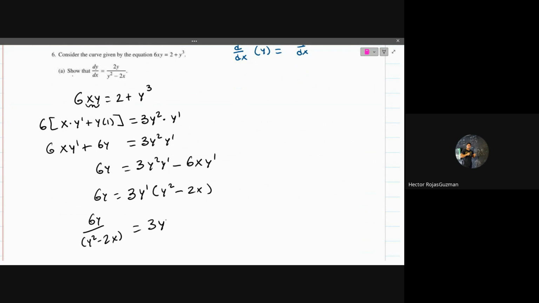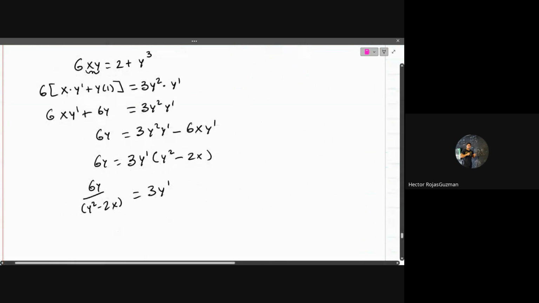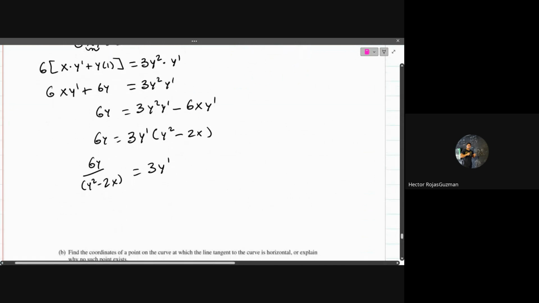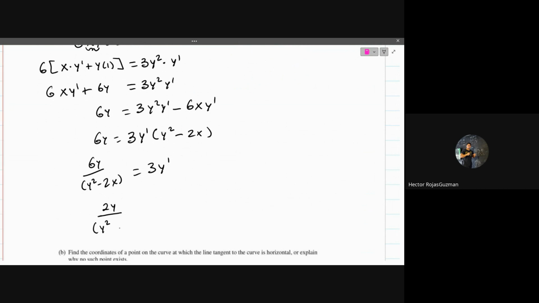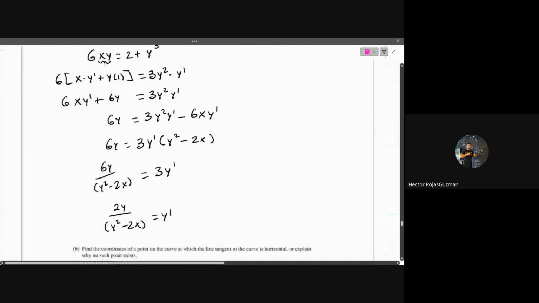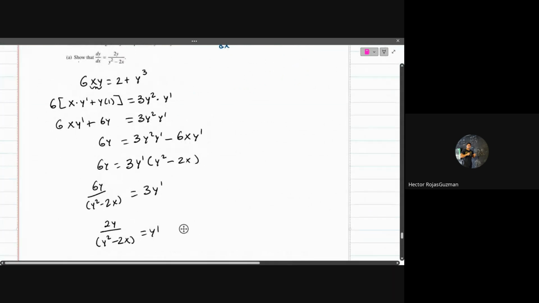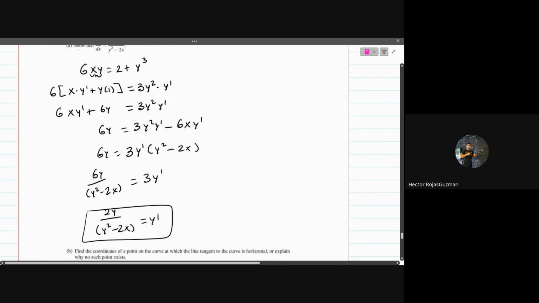This equals 3y prime. Last but not least, divide by 3. And when you divide by 3, we're going to get 2y over y squared minus 2x. And is that what the derivative was? Yes, it is. Perfect.